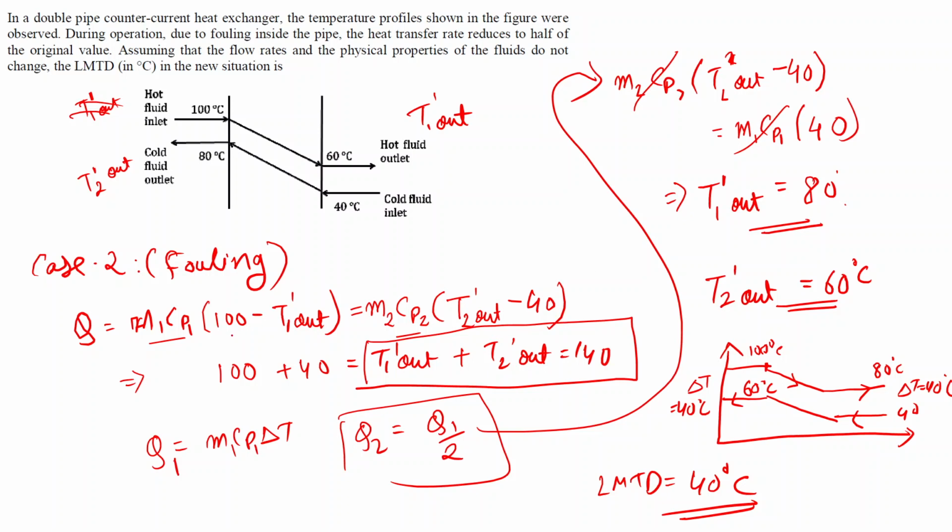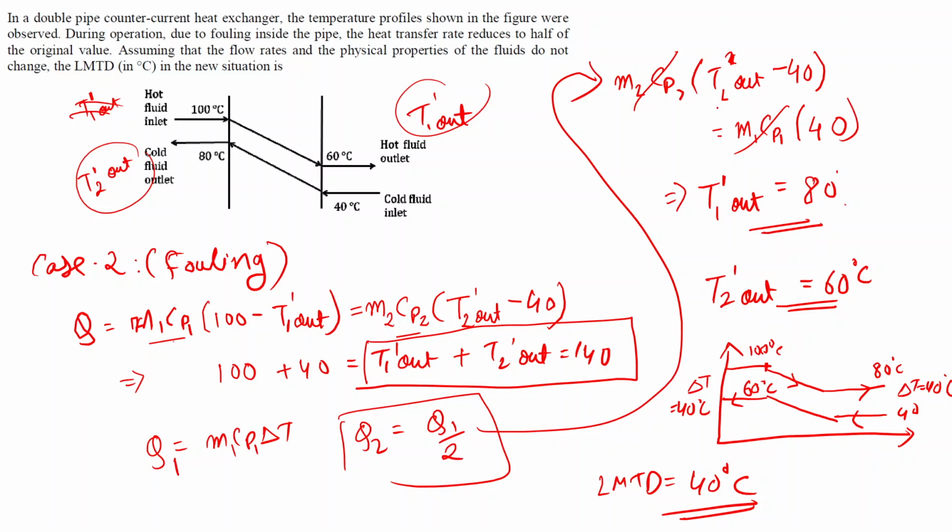From the first correlation we solve this heat balance equation, that is m1 cp1 is equal to 100 minus T1' out, and we got a correlation between this outlet temperature and this temperature, that the sum will be 140. Later on we use this correlation where m2 cp2 and m1 cp1 remain the same.